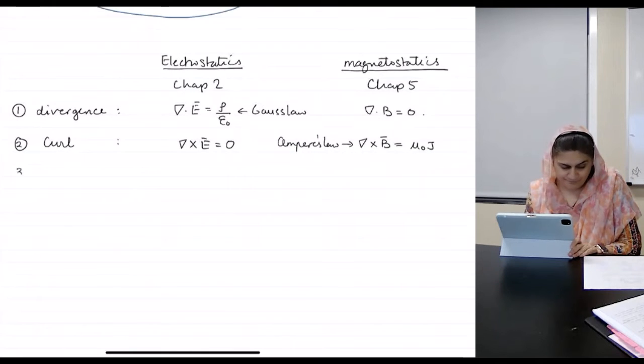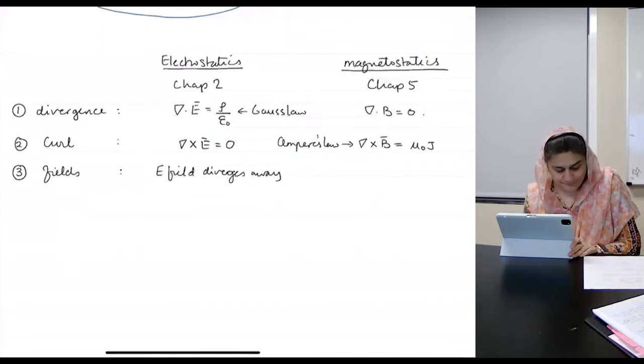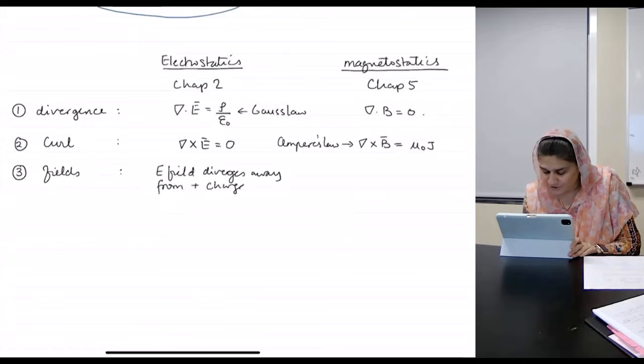Number 3, fields. E field diverges away from positive charge.